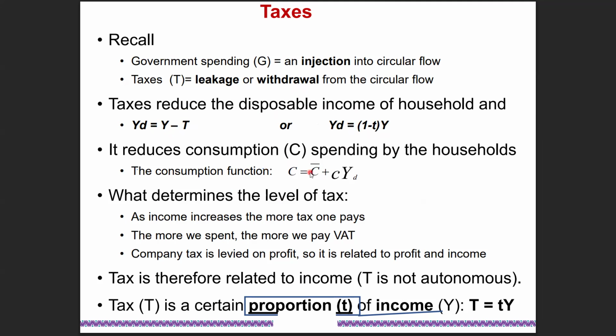Since disposable income reduces the consumption expenditure by households, the consumption function changes from C bar plus CY to C bar plus C times YD, to show that it is disposable income. And to calculate disposable income, we can replace this YD by this or by this.